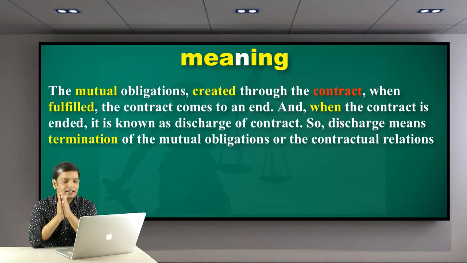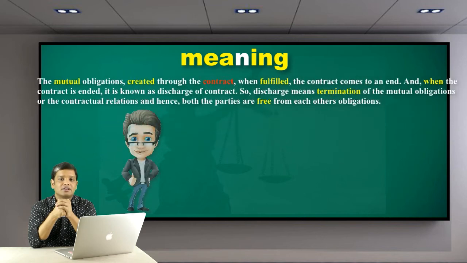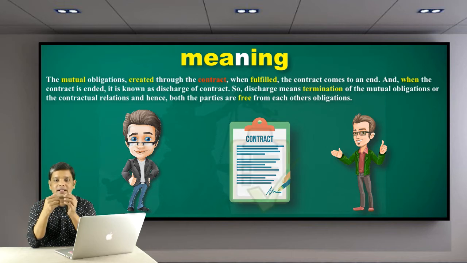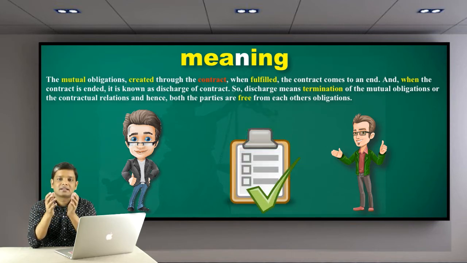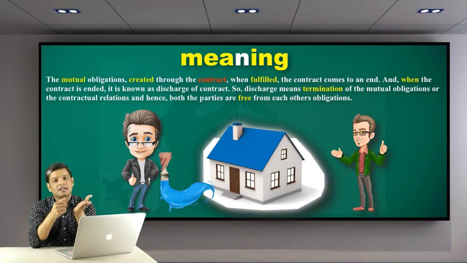See, it is saying that when through a contract you created some sort of obligation, and once that obligation is completed, for example, you and your friend contracted to perform a certain task, that is, you will do a certain job, something like you will paint his house and in return he will pay you 100 rupees.